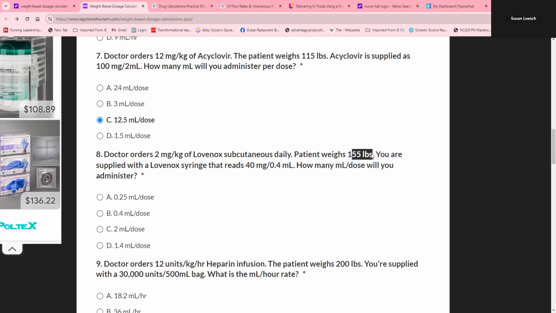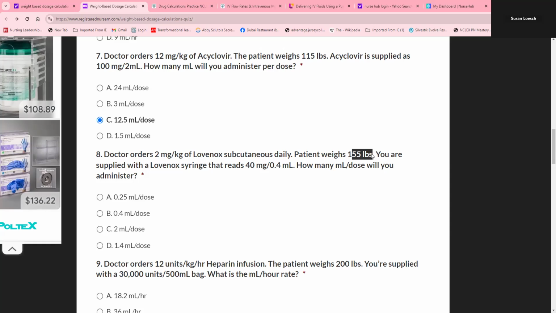All right, now you should have 140.90909090, right? And that's how many milligrams you're going to give daily. But now on hand, you have 40 milligrams per 0.4 ml. So in order to give that 140 milligrams, you have to determine how many mLs you're going to give based on what you have on hand.